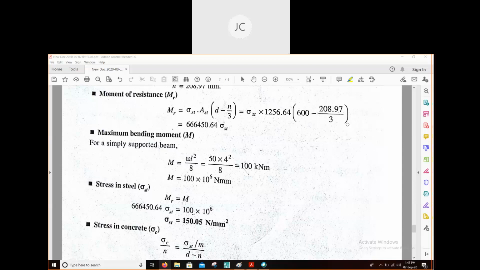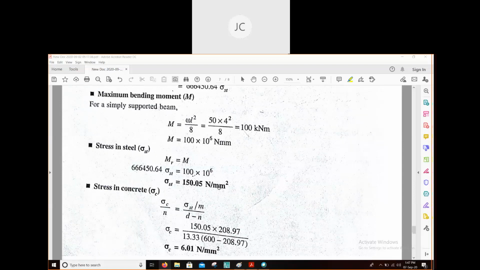Use your calculator. Why are you taking so much time? Use your calculator. You will get the answer within 2 minutes. Okay, so you will get sigma c equal to 6.01.